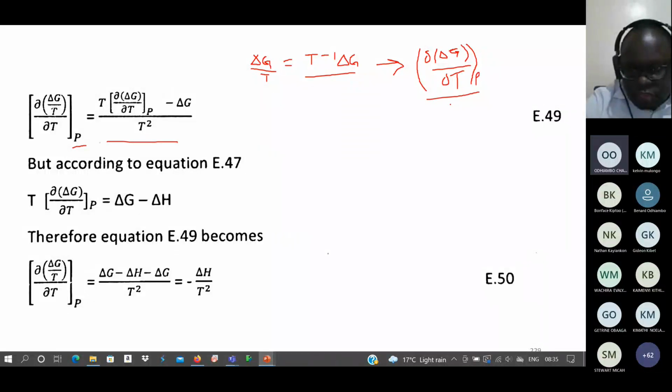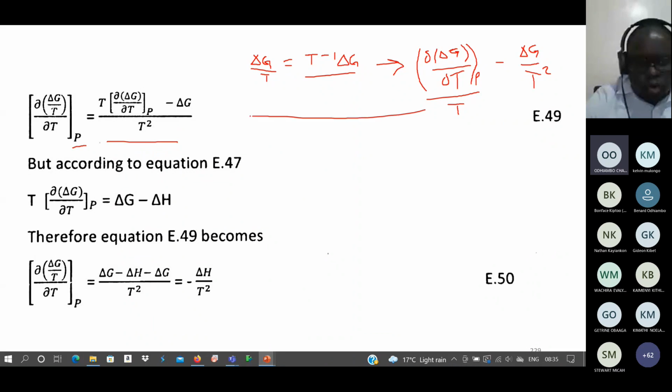Of course, then T was held constant. And then the other one, when you differentiate it, you end up with this expression. So now, of course, you can figure out how you can come from this expression to the final expression that we have here.